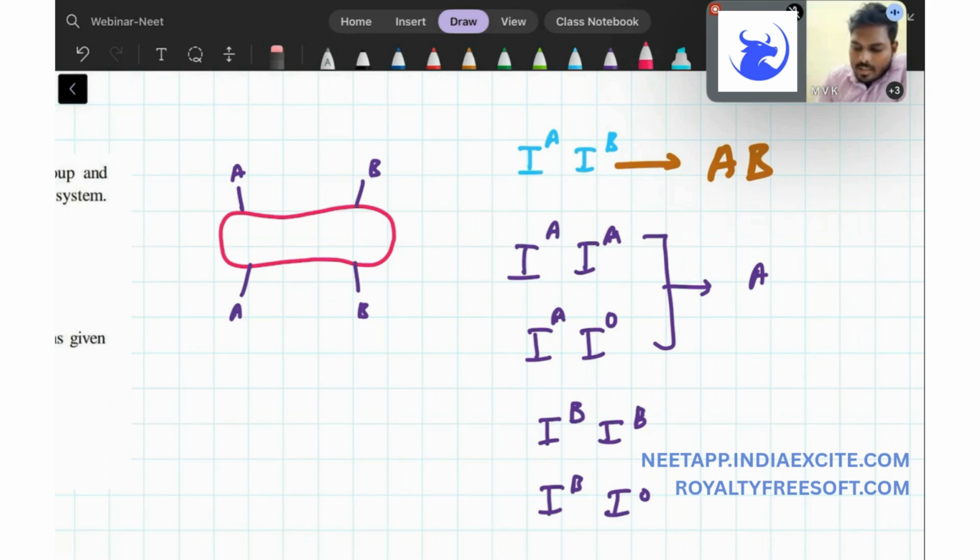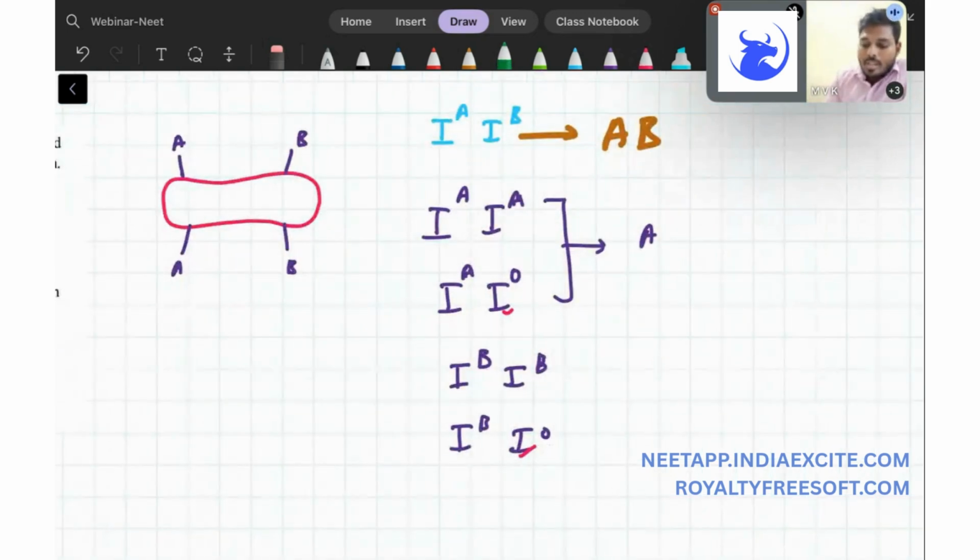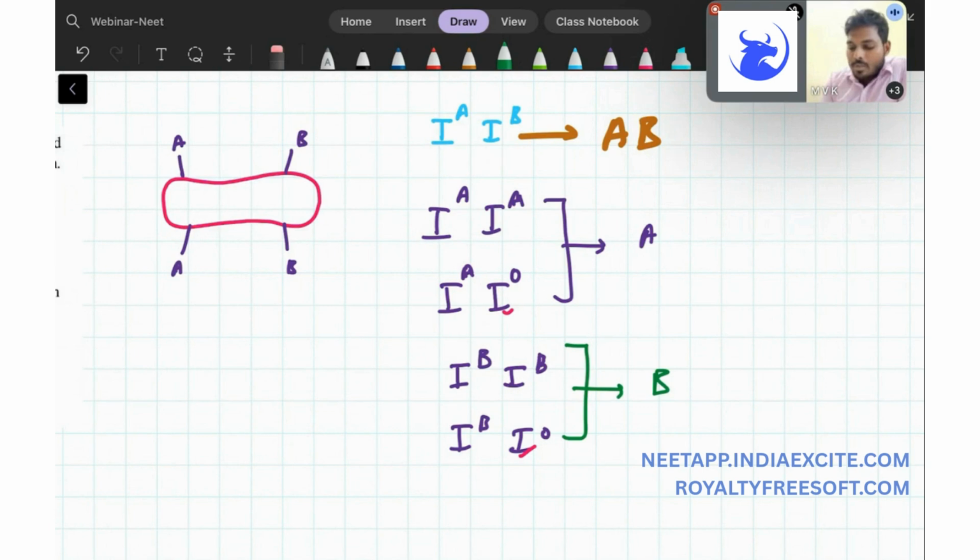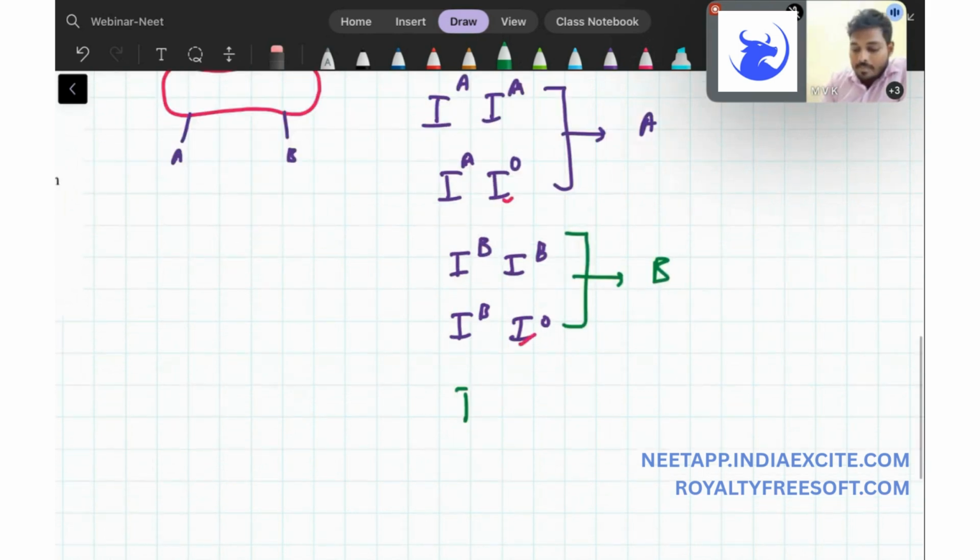Since the IO allele cannot produce any polysaccharide or glycoprotein on top of the sugar molecules, it is considered recessive. That is the idea of recessive: its effect is masked. What about O blood group? It is homozygous recessive, so we are going to have IO and IO. So these are O groups.